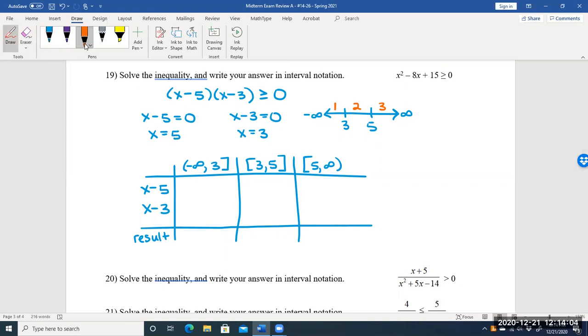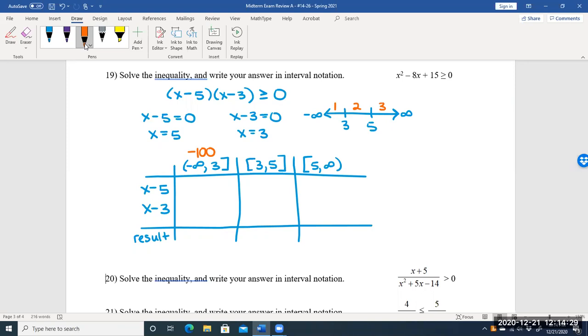Okay, so the first interval is from -infinity to 3. So I need to pick a number in that interval. In my class, a lot of times I'll pick -100 because it is always in that first interval, unless you'd have a really weird factor like x plus 101. But anyway, for our problems, -100 always is in that first interval.